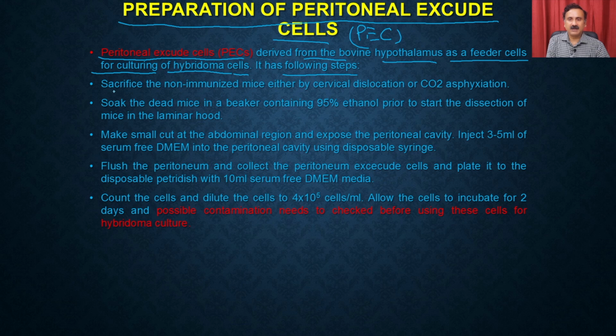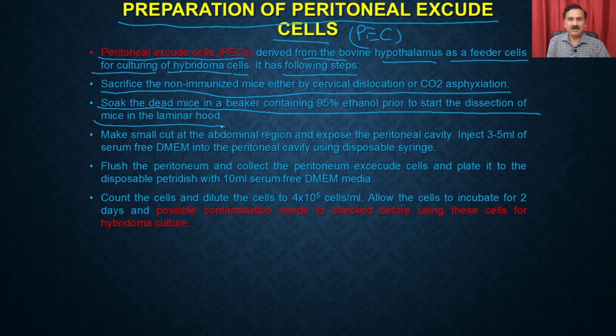You first have to sacrifice the animals, either by cervical dislocation or CO2 asphyxiation. Then you soak the dead animal in a beaker containing 95% ethanol prior to dissecting the animal in the laminar hood.